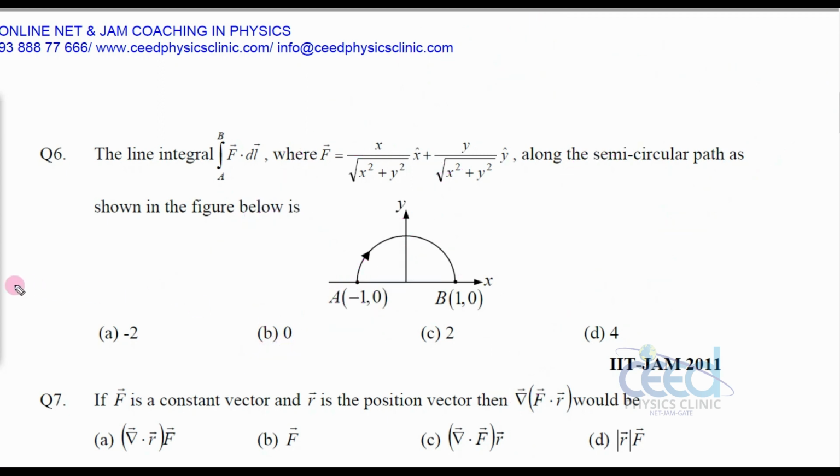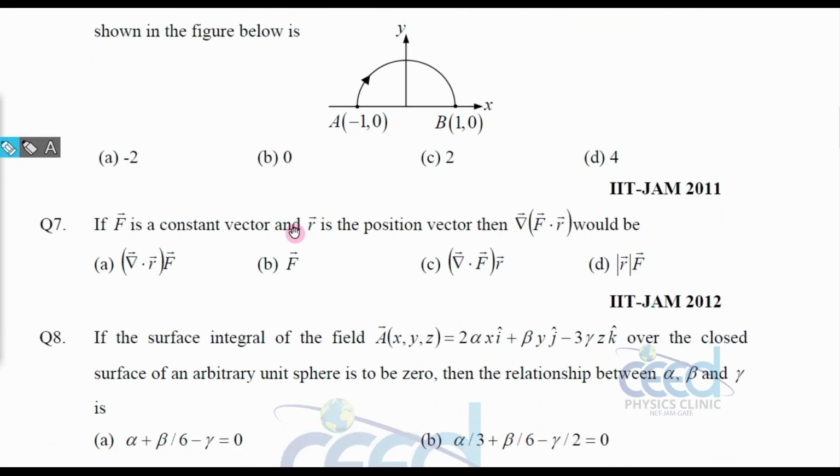Now we have another question. This was a 2011 question, and we have a 2012 question here. F is a constant vector and R is the position vector, then find the gradient of F dot R. How can we represent a constant vector?